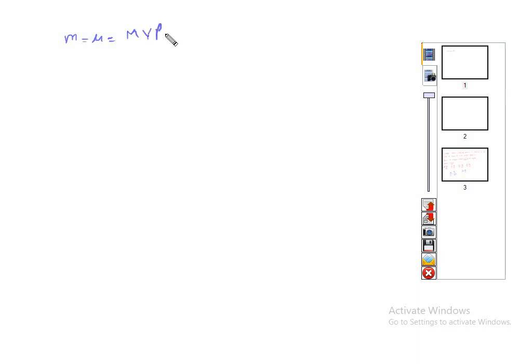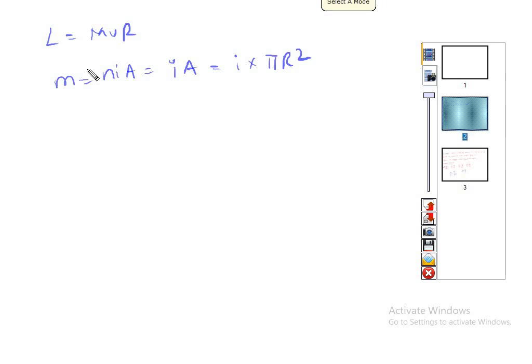So the angular momentum L is equal to m v r, and the magnetic moment mu is equal to n I a, or here, since we are not discussing turns, I into a, and as it is a circle, pi r square, right? We can write current is equal to q by t, and the time period is equal to 2 pi r by v.